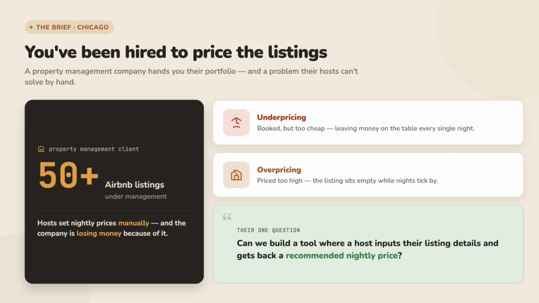Either money's being left on the table if you're underpricing, or if they're overpriced, they're basically sitting empty. And so they come to you and ask, hey, can we build a tool where a host inputs their listing details and we give them a recommended nightly price?